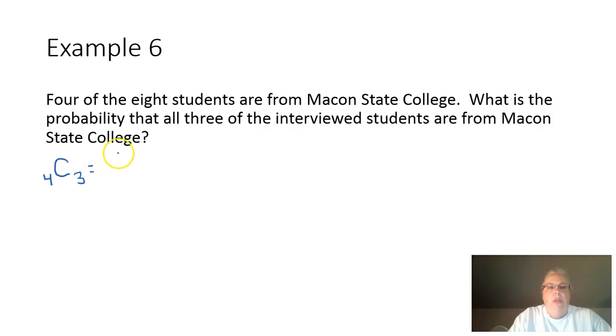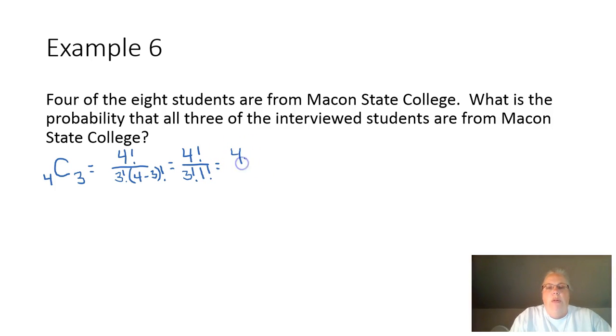Now if we do this with our formula, this is going to be 4 factorial divided by 3 factorial times 4 minus 3 factorial. Alright, so this is going to be 4 factorial over 3 factorial times 1 factorial.